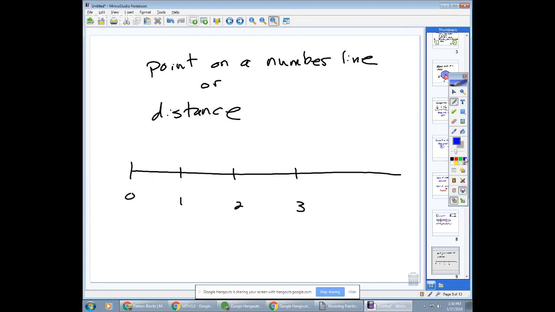So for example, if I put a mark right here, I'm trying to put a mark, a point, at the position where 1/2 would live. I could come over here and try and put a couple of marks there. And this second one I'm trying to indicate would be 2 2/3 on the number line.